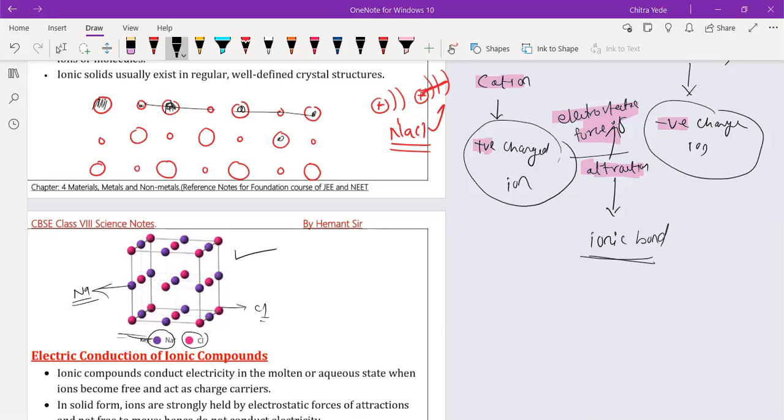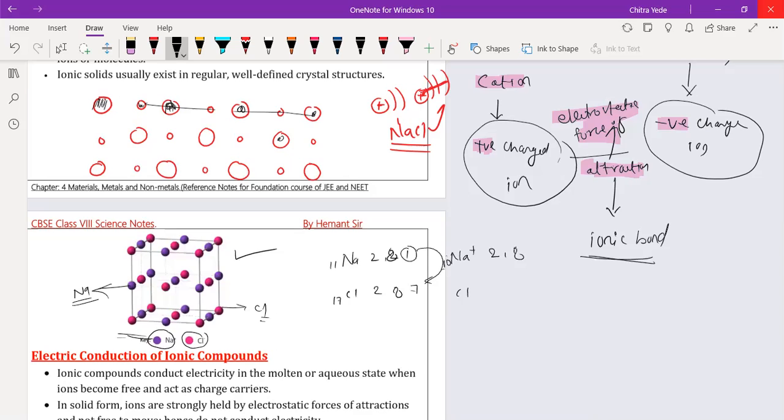See, sodium has atomic number 11, so its electronic configuration is 2, 8, and 1. And chlorine has 17 electrons, so its electronic configuration will be 2, 8, and 7. But in order to form NaCl, sodium is going to lose that electron and chlorine is going to gain it. So sodium will form sodium ion, and in this case it will contain only 10 electrons, so its electronic configuration will be 2 and 8.